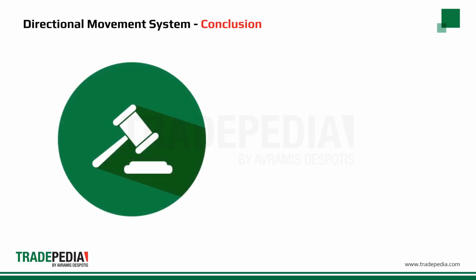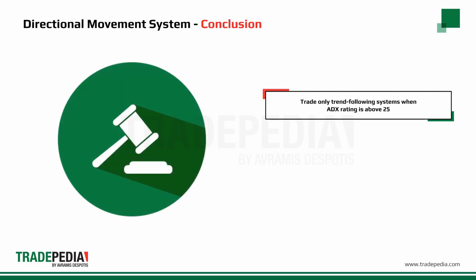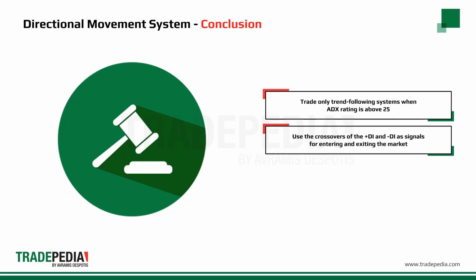When using the directional movement system, trade only trend-following systems when ADX rating is above 25, and remember that the ADX level reflects the degree of directional movement, not the direction itself. Use the crossovers of the plus DI and minus DI as signals for entering and exiting the market.